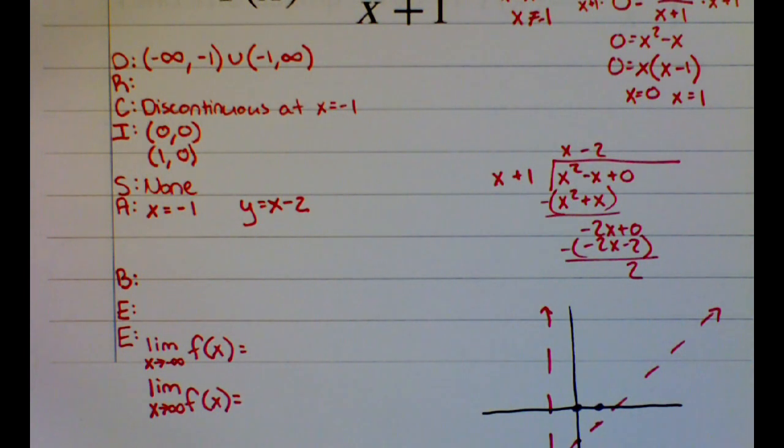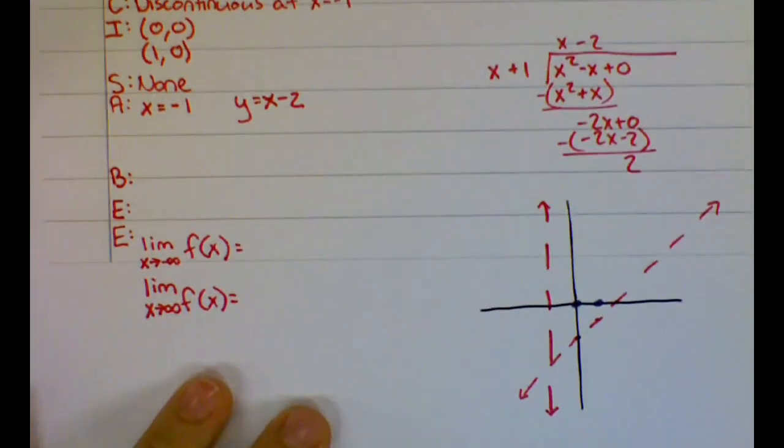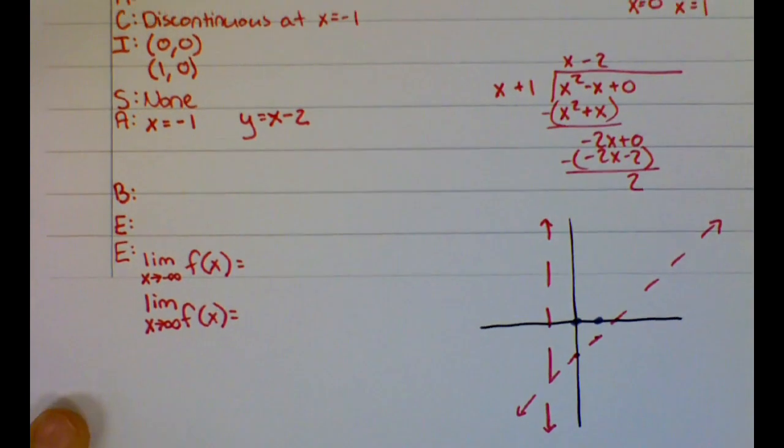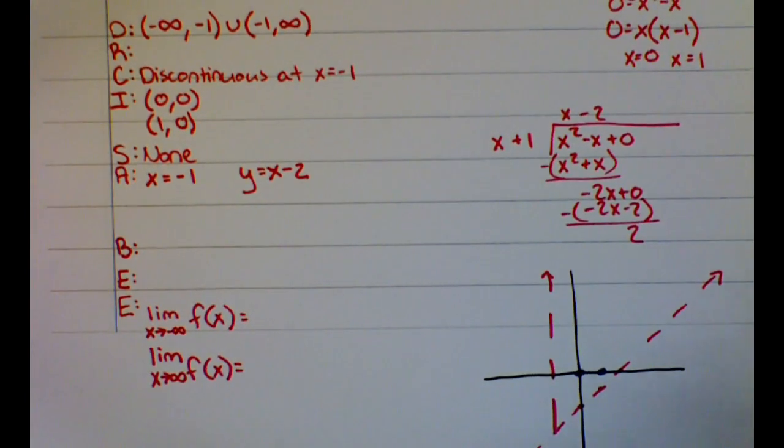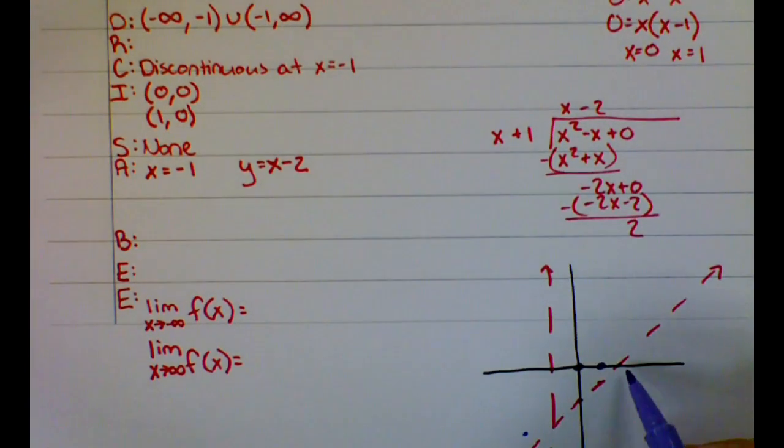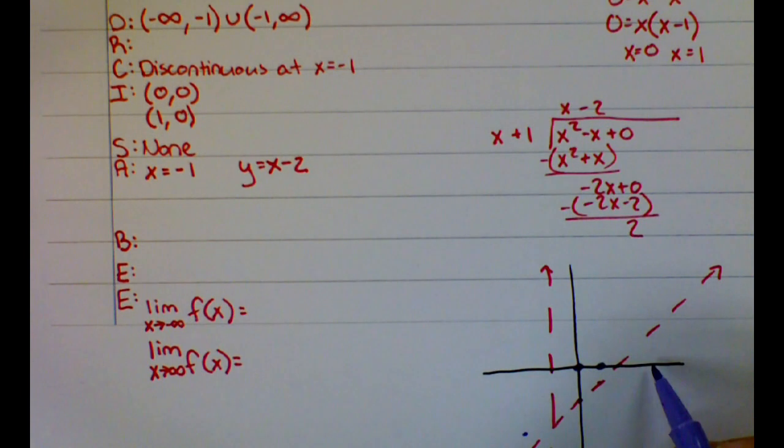Now I'm kind of set, right? I need to start picking a few points to plot. So let's say I pick x is -3. Plug -3 into my function. I get 12 over -2. I get -6. It's about here. How about 3? 3/4.